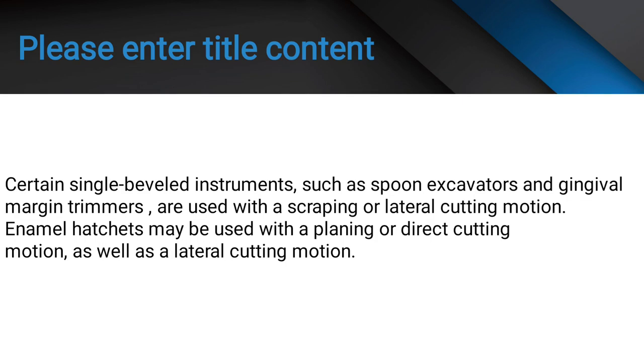If the bevel appears on the right side of the instrument, then it is said to be the right instrument of a pair, and if the bevel faces the left side, then it is said to be the left instrument of a pair. The right sided instrument is used in scraping motion from right to left, whereas the left sided, or left beveled, instrument is used in scraping motion from left to right.